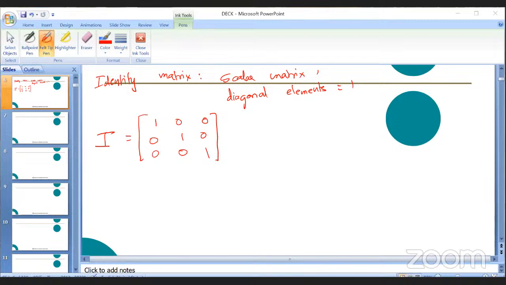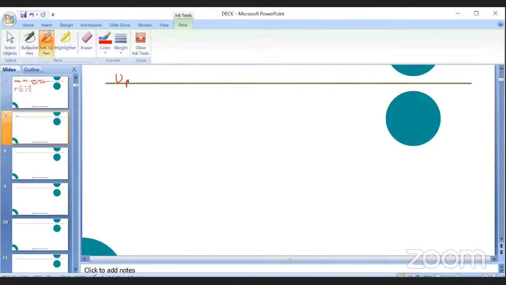The next is the upper triangular matrix. What is an upper triangular matrix? If Aij is equal to 0 for i greater than j, then it is an upper triangular matrix.